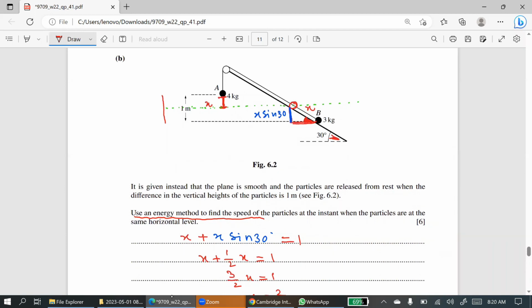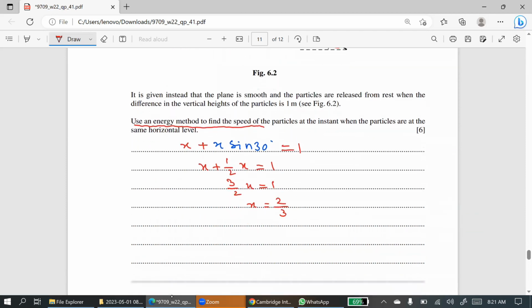So there is an increase in the kinetic energy of A. Consider the particle B. There is an increase in the height, so the potential energy has increased. There is an increase in the velocity of the particle B, so there is an increase in the kinetic energy. We will use the energy method.